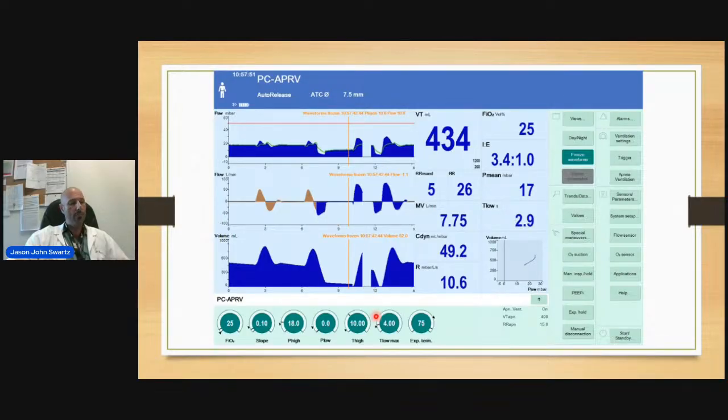Now, I'm going to get into the discussion of something called auto release on the Jaeger V500, which basically, when I was speaking about you want to set your P low at 0, but you want to trap 75% of the peak expiratory flow on that release phase. So if it's 100 liters per minute, you're going to create a T low that stops at 75 liters per minute, and now you're back up there.